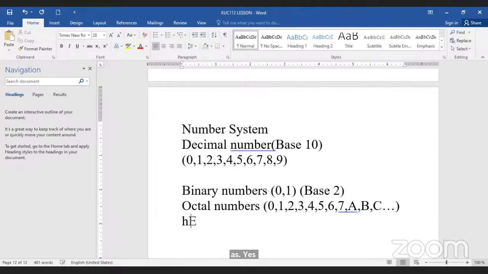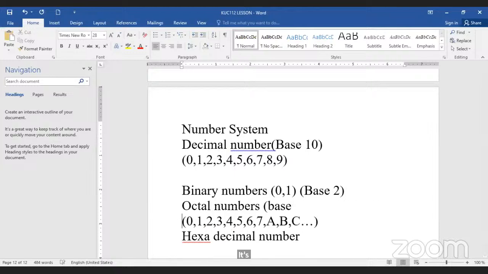Then we have hexadecimal numbers. Decimal is base 10, octal is base 8, and hexadecimal is base 16.